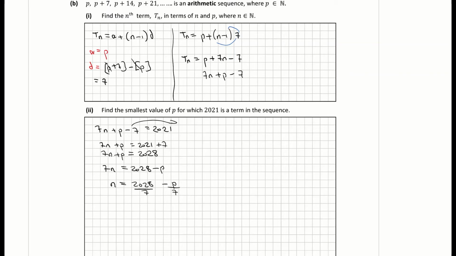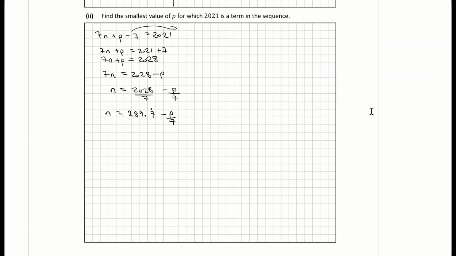So I'm dividing both sides by 7 there, which is the same as a decimal, what's that, 289.7 recurring minus p over 7. There's a little bit of trial and error here to help us. So we know that if we use that 289 now as our value for n, I know it's not the exact value for n, but we're trying to get the smallest value of p.